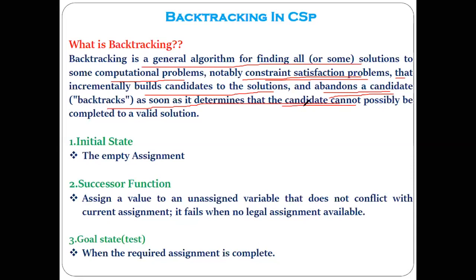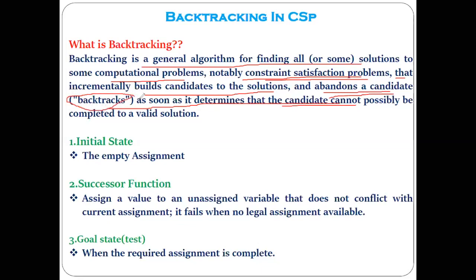Because when you find a conflict at a certain point, it means that we cannot get a complete and valid solution if we still go on moving further. So at the point when you find our constraints are not getting satisfied, we do the backtracking. Understood?